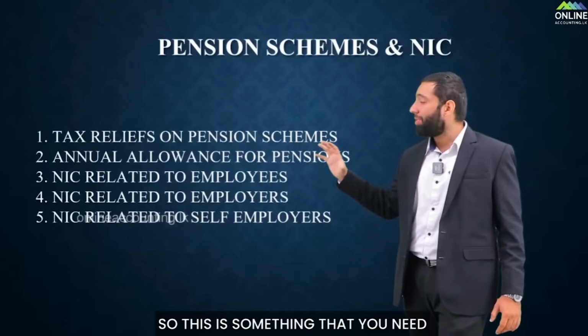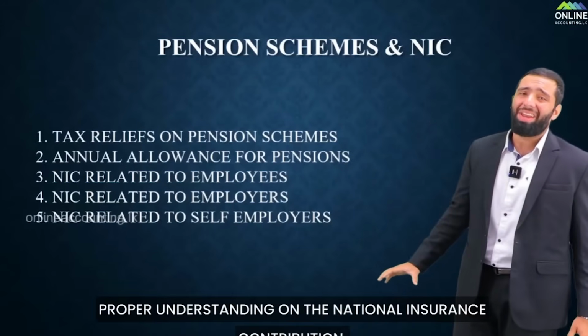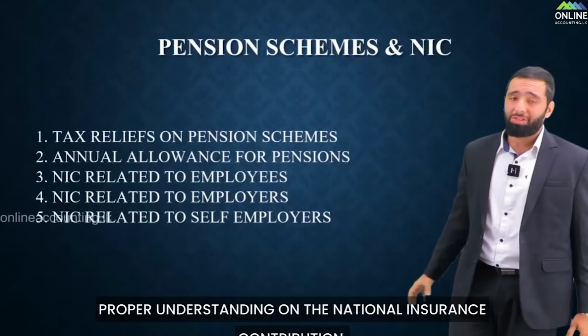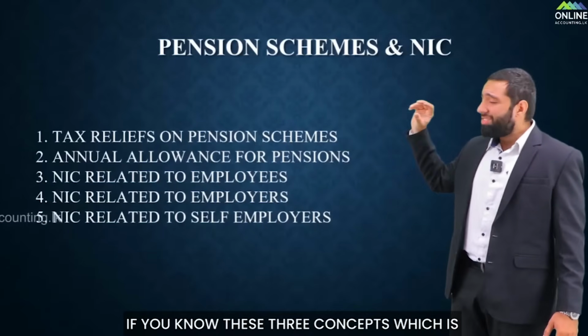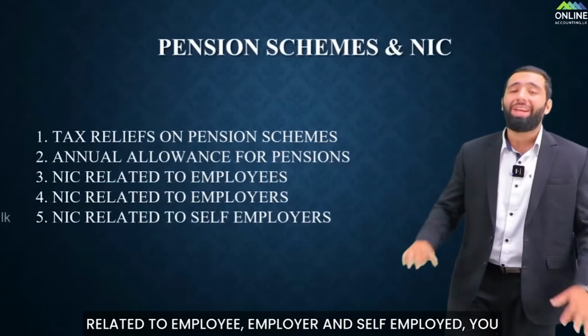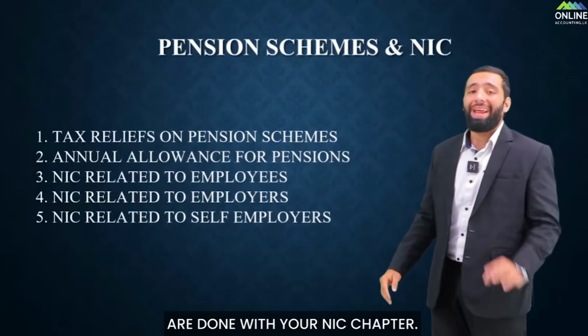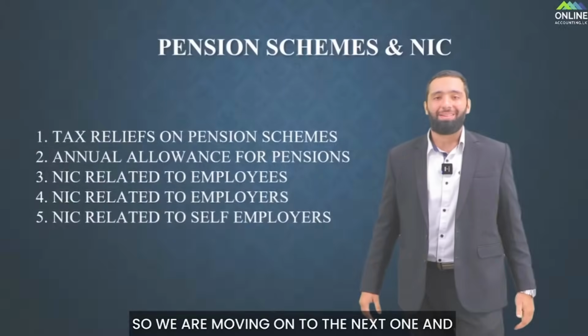So make sure you have a proper understanding of national insurance contribution. If you know these 3 concepts, which are related to employee, employer, and self-employed, you are done with your NIC chapter. So we are moving on to the next one.